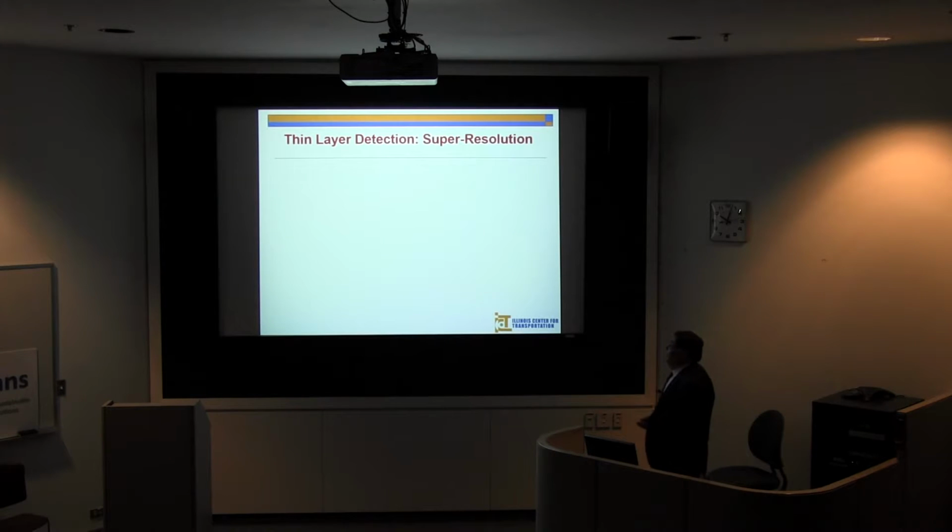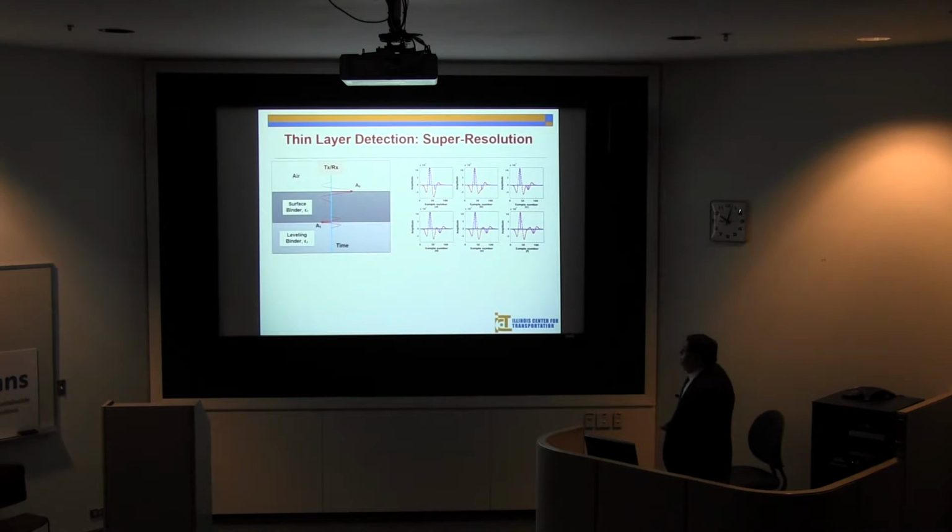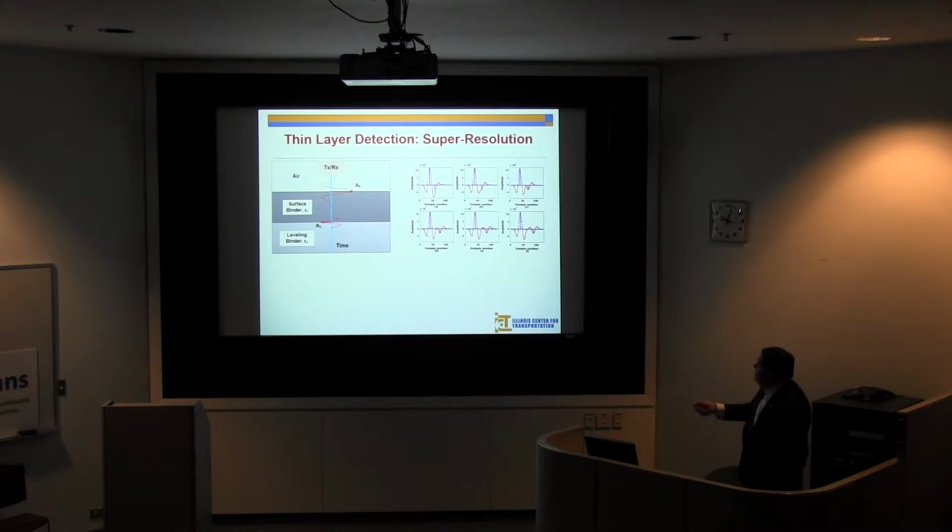Another thing that we recently have been working on is that we noticed that this layer, the thinner it is, the less I can distinguish. As I increase the layer thickness, you can see the signals start to distort until you reach a point where you can see this very clearly.